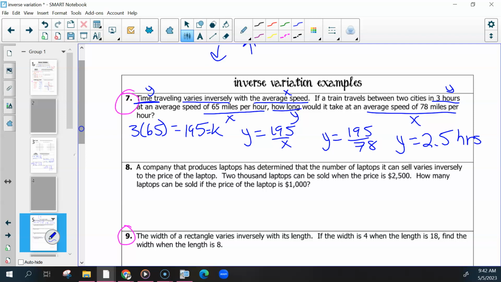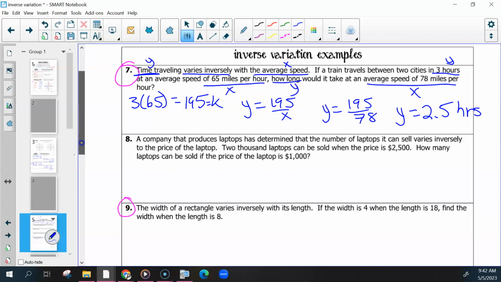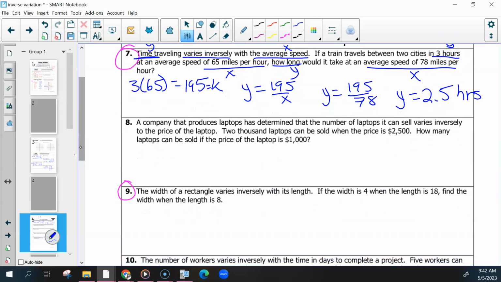Do we have any questions on how we set that up, solved it, got the answer? Let's try 9. What is your y? What is your x?